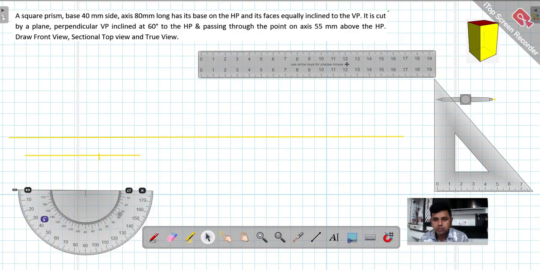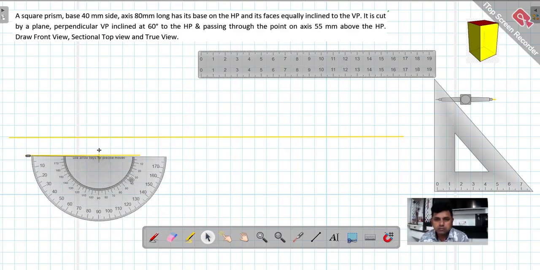Now, with the help of this, we can mark 45 degrees on both sides. 10, 20, 30, 40, 45. I mark 10, 20, 30, 40, 45.